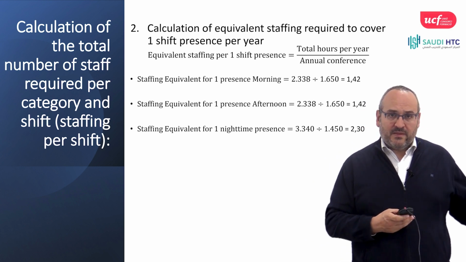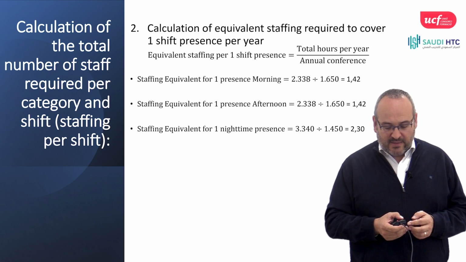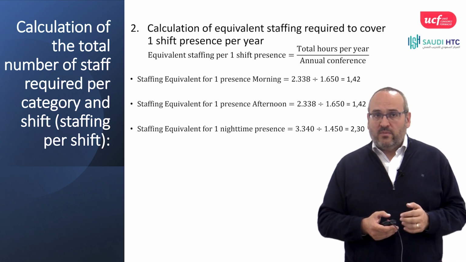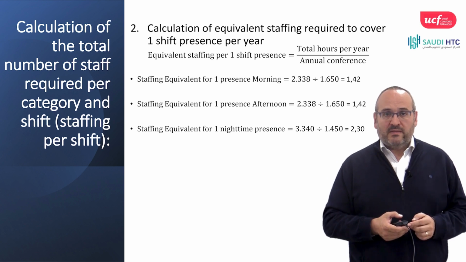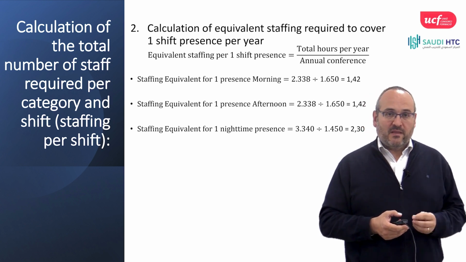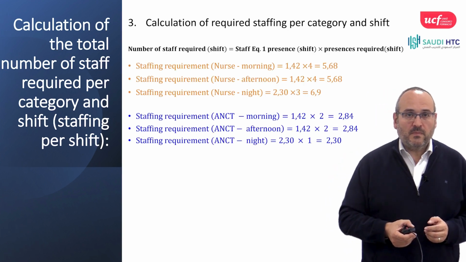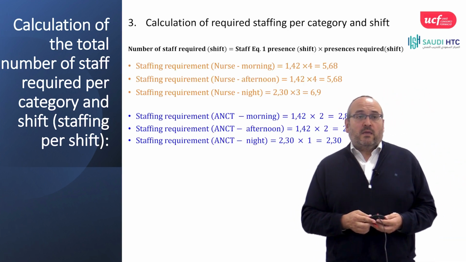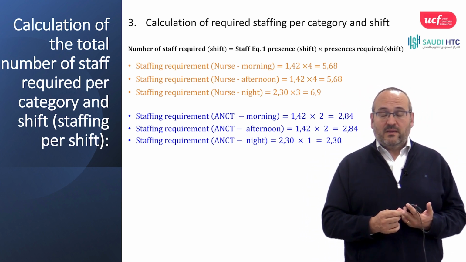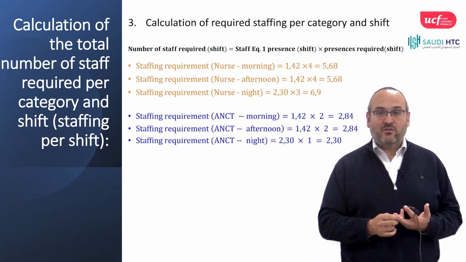So we make the division, and we obtain that for each job we will need 1.42 people, which would be the staff needed to cover each presence of the nursing team that we are generating. 1.42, as you see in the morning, and 1.42 in the afternoon, and 2.30 people for the night shift presence.